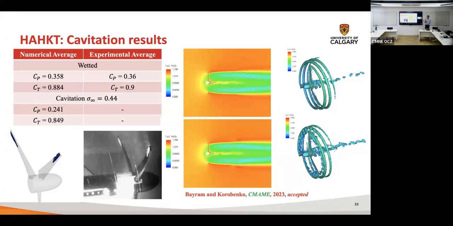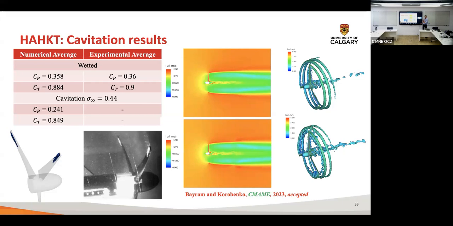Now, for the cavitation, unfortunately, they didn't provide quantitative values for CP and CT, but they provided a qualitative picture showing the formation of the cavity on the surface. The cavitation is forming on about 15% of the tip of the blade. Interestingly, because of the cavitation, your CP drops by almost 30%.